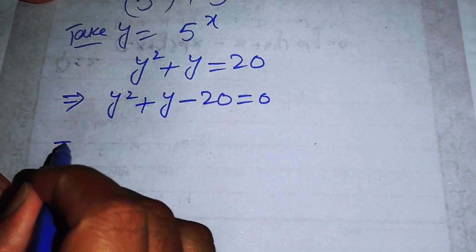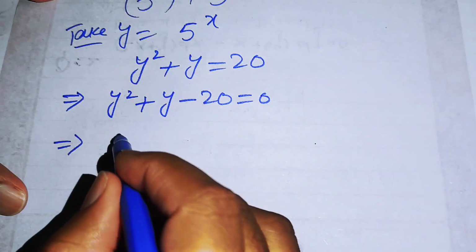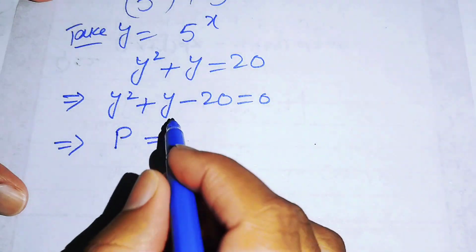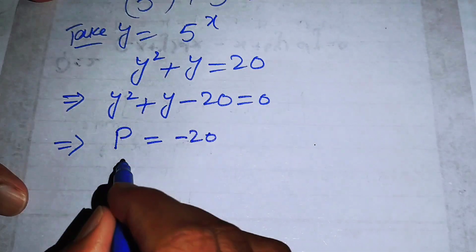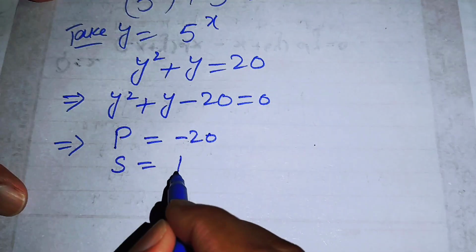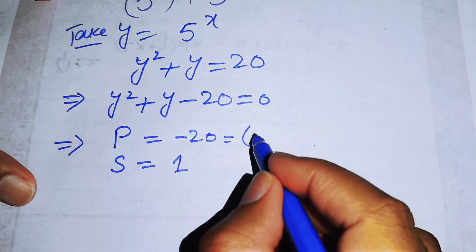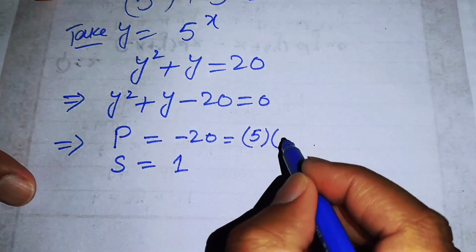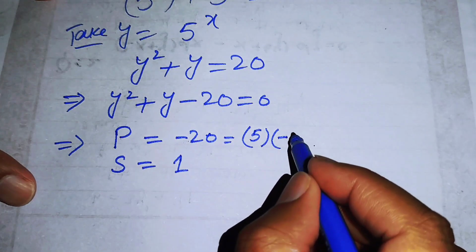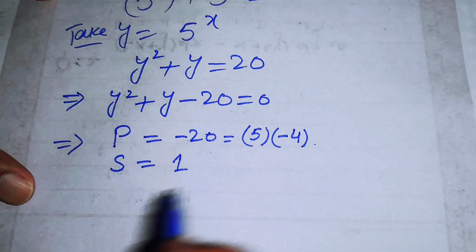For the factors of this equation, we need two numbers whose product is minus 20 and whose sum is plus 1. These numbers are plus 5 and minus 4.